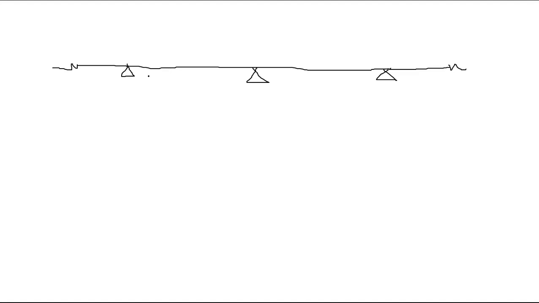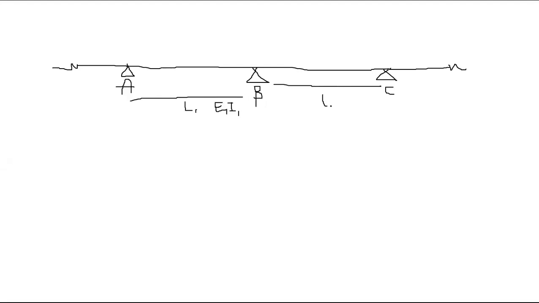Let's say like this. So if this is A, B, and C, let's say this is L1 and let's say the beam is EI, okay? E1, I1. So let's say that is also changed.